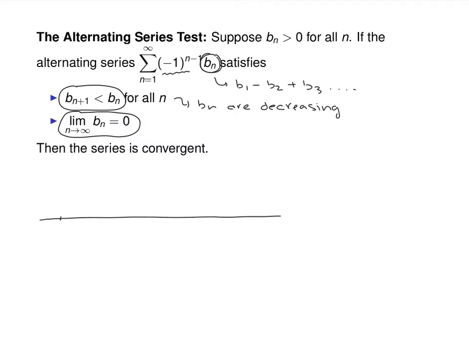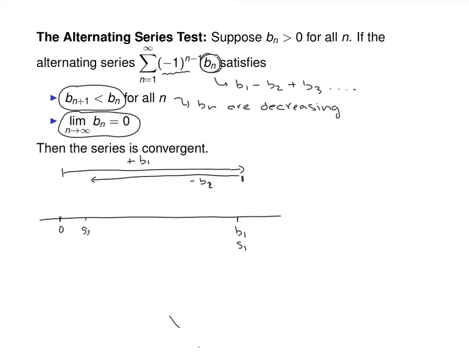Suppose you start at 0 and your first term is positive b_1. So you start at 0, you go over to somewhere where that b_1 is. And that is actually your first partial sum S_1. And then from that point you take away b_2, but b_2 is smaller in magnitude than b_1, so you do not go all the way back to 0.